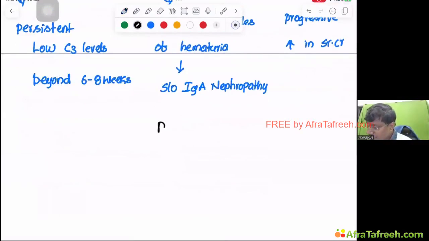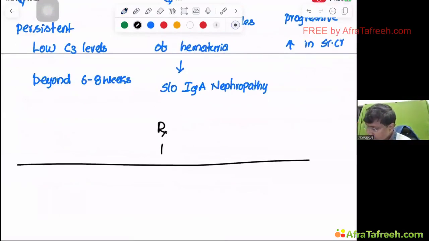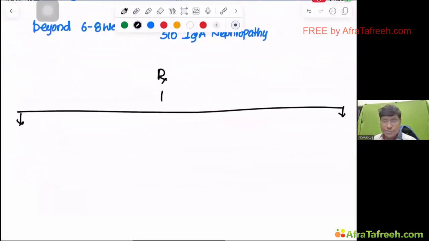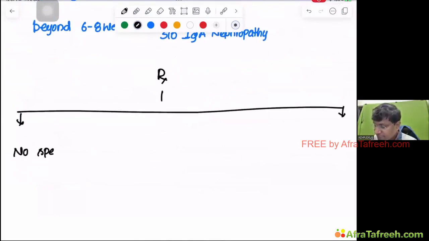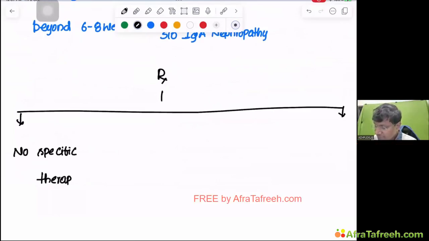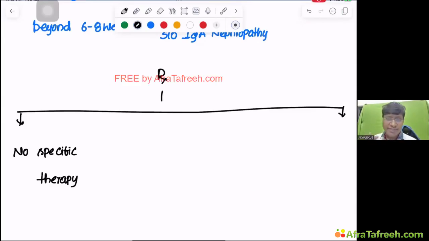Coming to the treatment. If you observe in these patients, there is no specific therapy. For example, in Goodpasture syndrome, we have plasmapheresis and corticosteroids. But here there is no specific therapy because it's immune complex mediated, which is causing glomerulonephritis. There is no evidence indicating that aggressive immunosuppressive therapy has a beneficial effect in these patients.